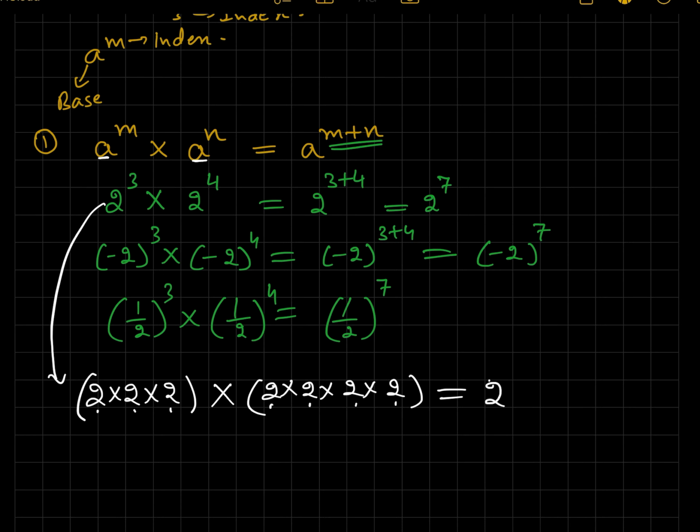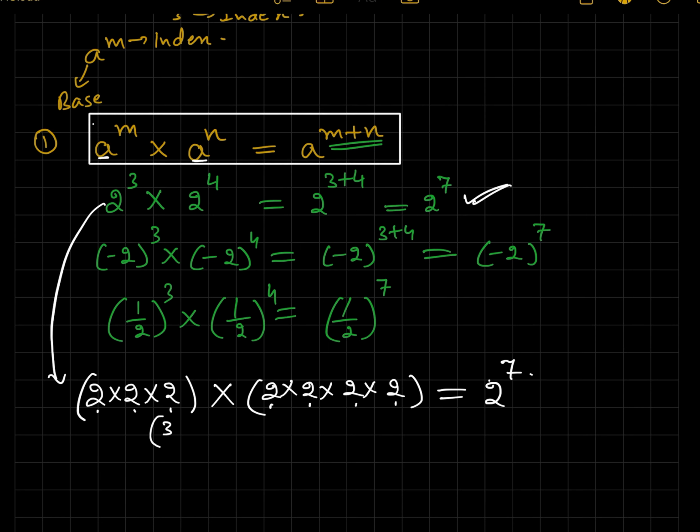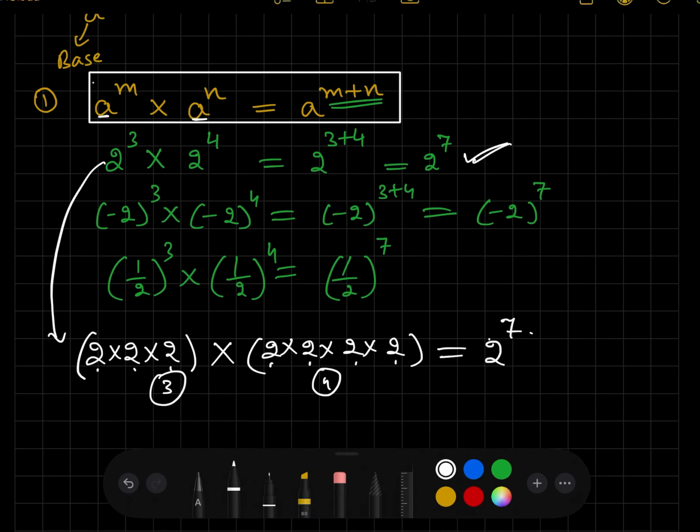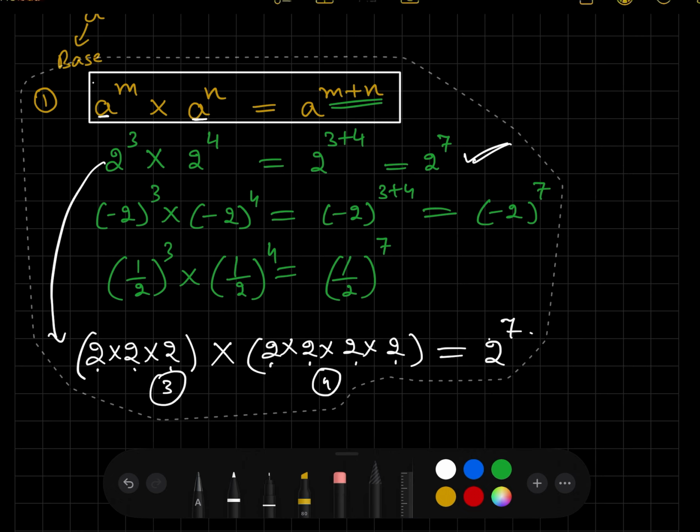So I can write this as 2 raised to 7. Understood? This is how we get this rule: a raised to m into a raised to n is equal to a raised to m plus n. The power 3 and the power 4 are added. Clear? So this is our first rule. Let us remove this and discuss the next rule.